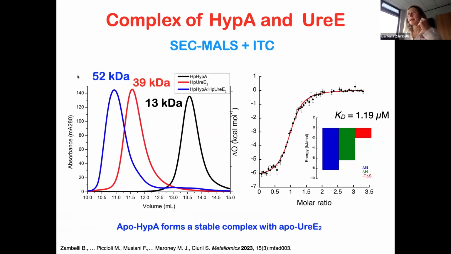The complex formed corresponds to a dimer of urease and a monomer of HypA. And also by ITC, we could titrate HypA over urease, and we found that the KD is around 1 micromolar. And again, here the binding is mostly enthalpically driven, but also entropy is favorable.